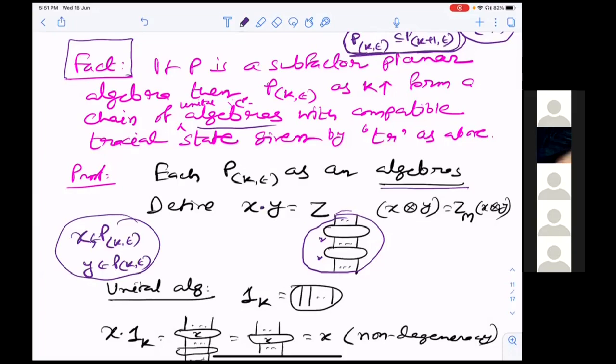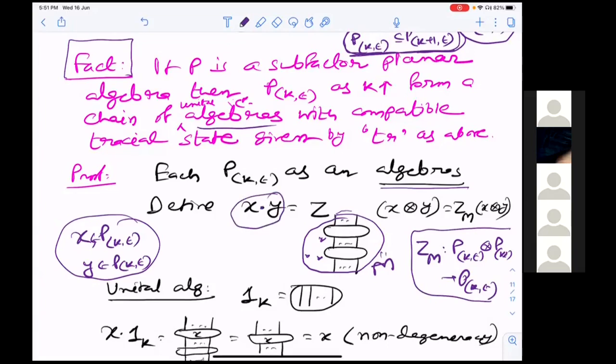So x dot y will be Z of this tangle of x tensor y. This tangle, call it M. Z_M is a map from Pk epsilon tensor Pk epsilon to Pk epsilon, which is the color of the external disk k epsilon. So Z_M of x tensor y is my x dot y. In this kind of tangle, if you put x here and y here, you get a multiplication x dot y. And you can check that this is an associative algebra.